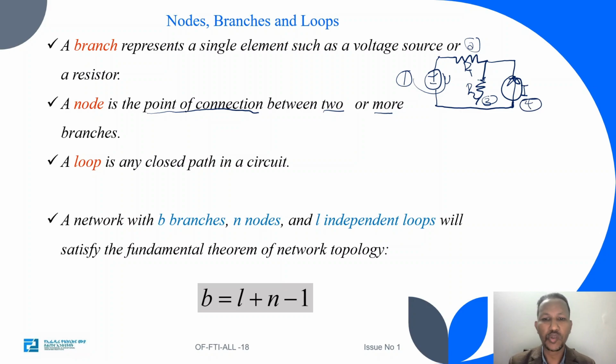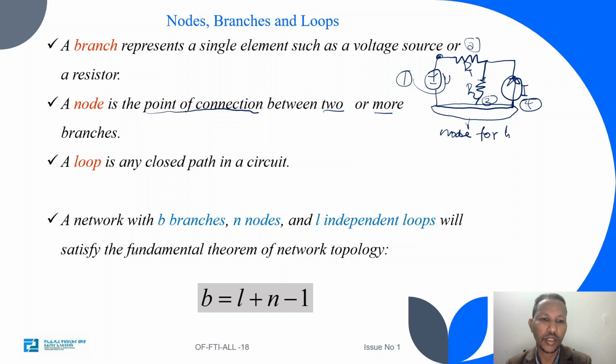So a node is the point of connection between 2 or more branches. For example, branch 1 and branch 2 are connected at this point, so this is a node for branch 1 and branch 2. And this is a node for branch 1, 3, and 4.